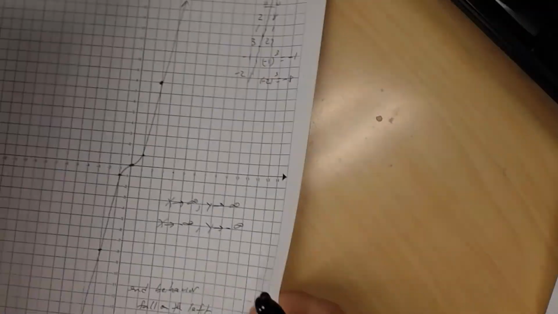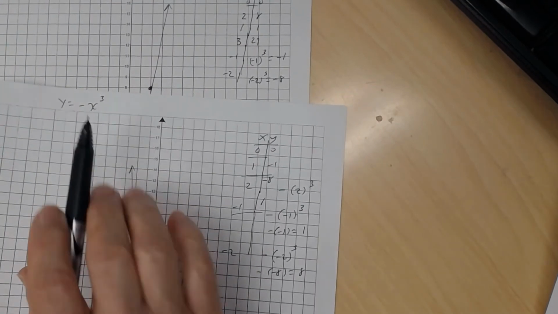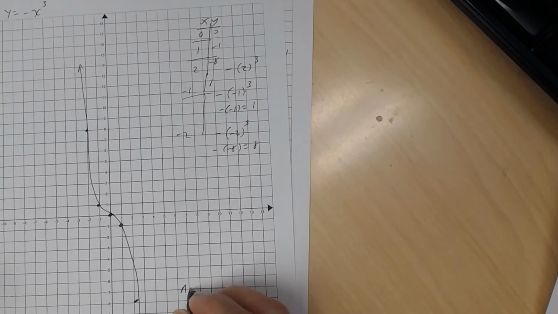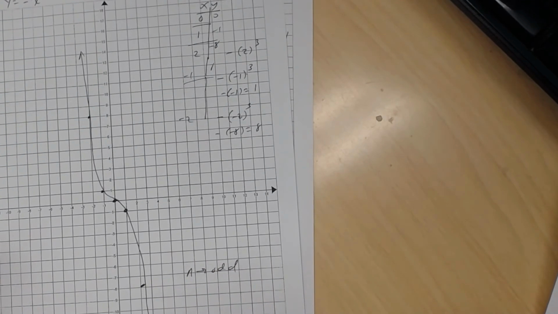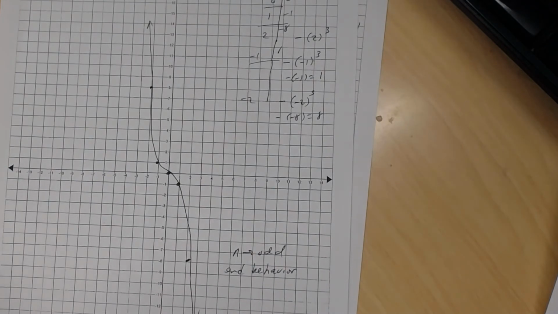Over here, what is the degree? Is the degree odd or even? Well, the degree is odd, so n is odd. So now let's talk about the end behavior.